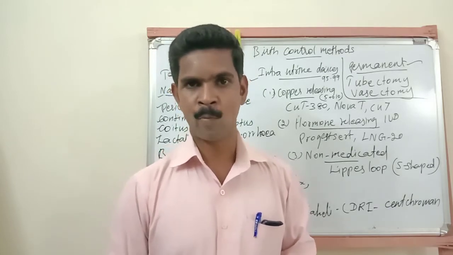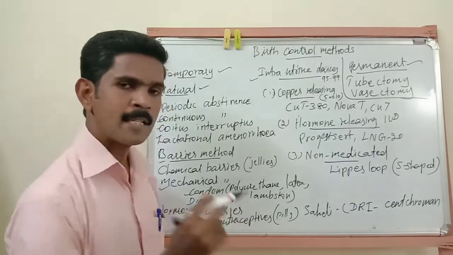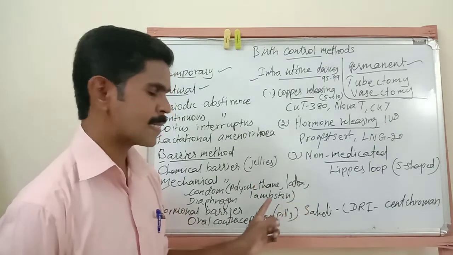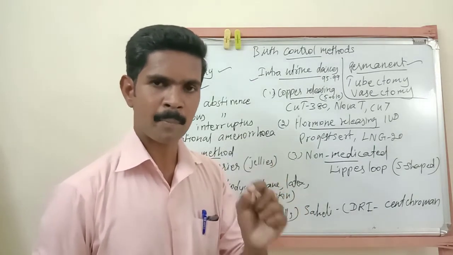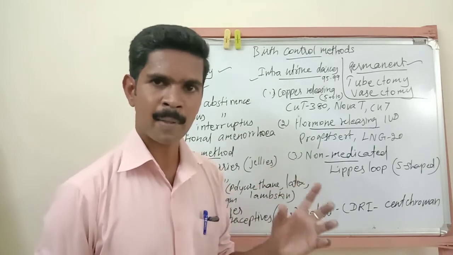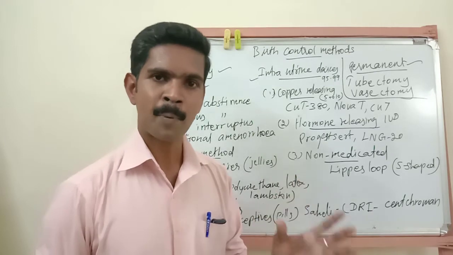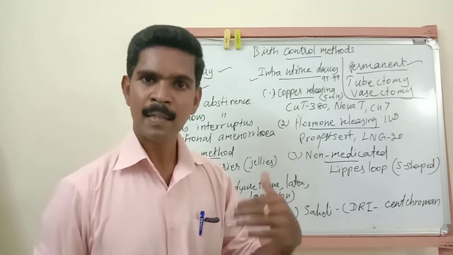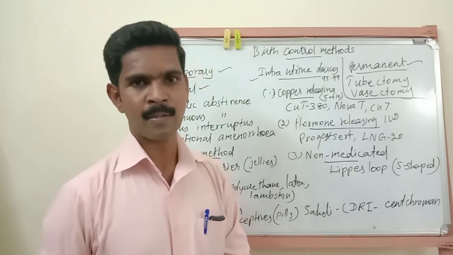What barrier did I say here? Condom. A condom is a small thin sheet made up of polyurethane, latex and lambskin. The penis of the male reproductive system is covered by this condom. When it is covered, it is impossible for the sperm to be released from the testis to the outside, meaning inside the female reproductive system.